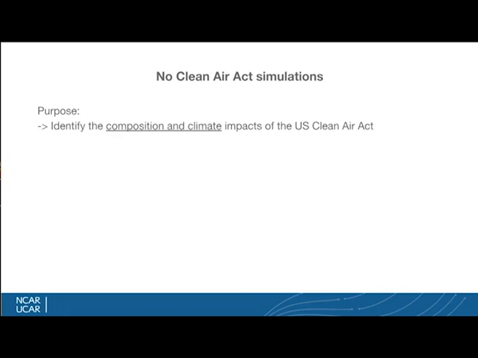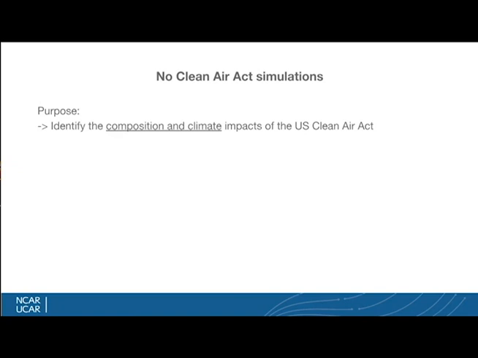And so, as part of the ensemble for WACCM6, we've decided to create another ensemble, looking at a set of simulations where the Clean Air Act would basically be removed. So what would have been the state of the atmosphere and climate, both on the composition and the climate side, if the Clean Air Act had not acted?